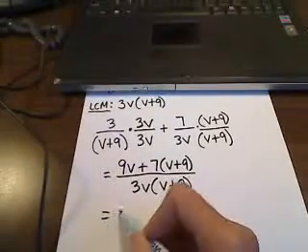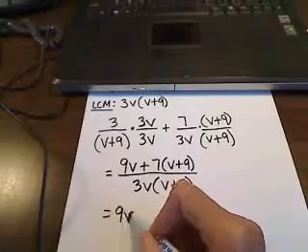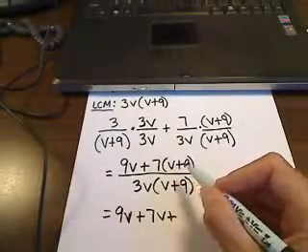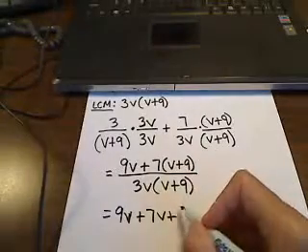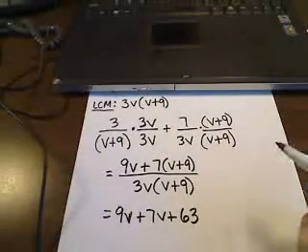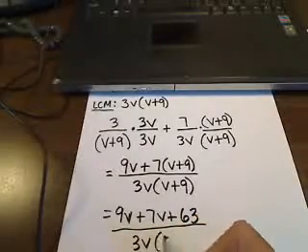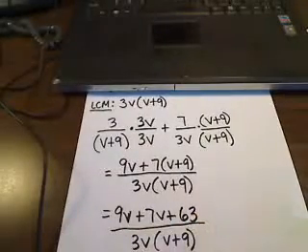So it becomes 9v plus 7v plus the 9 times the 7, 63. And then this is all over my 3v times v plus 9.